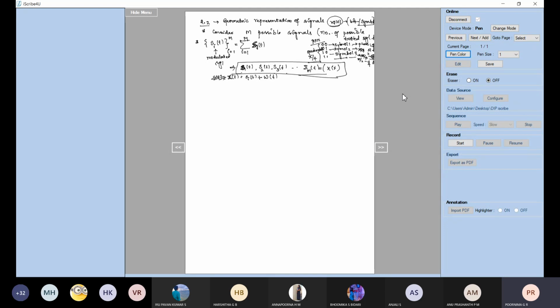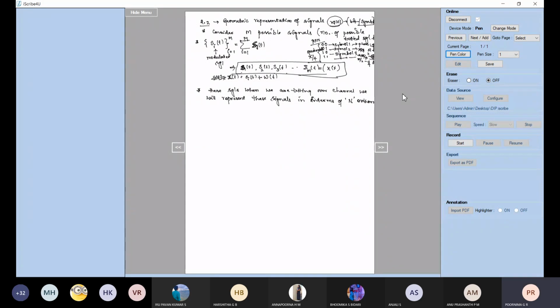When we are transmitting these signals over the channel, we will represent these signals in terms of n orthonormal functions.